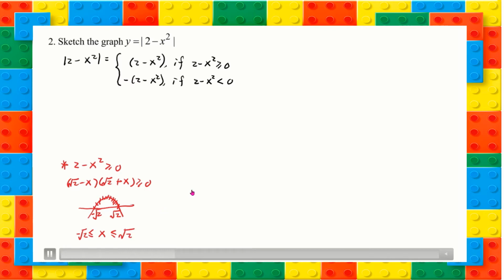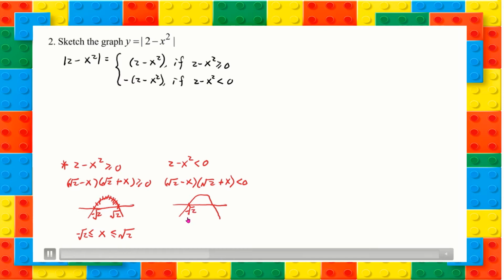Now as for 2 minus x squared less than 0, same thing, we factorize the quadratic, it becomes square root of 2 minus x multiply square root of 2 plus x. And same thing, we need to sketch the graph. It is a negative quadratic shape.